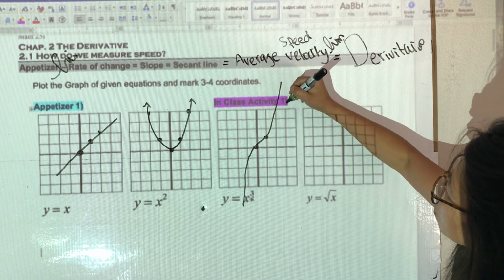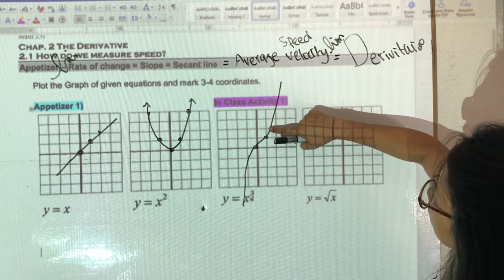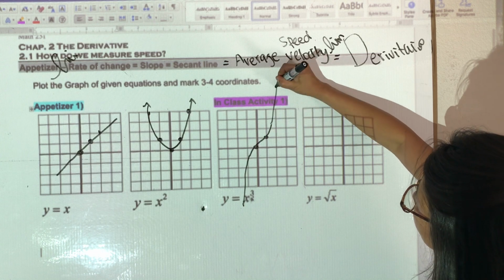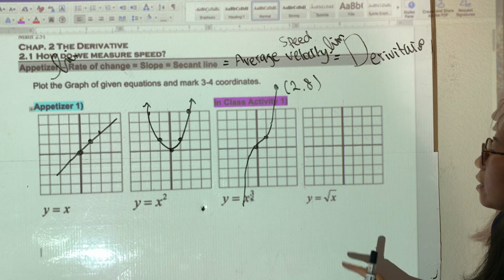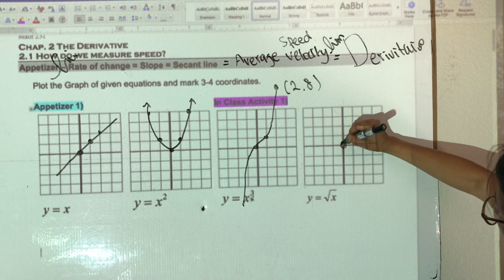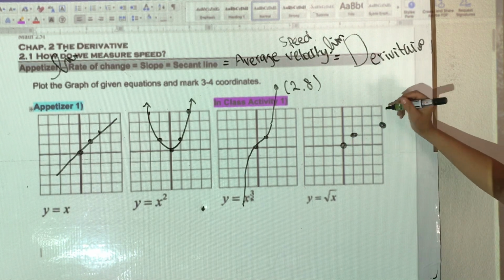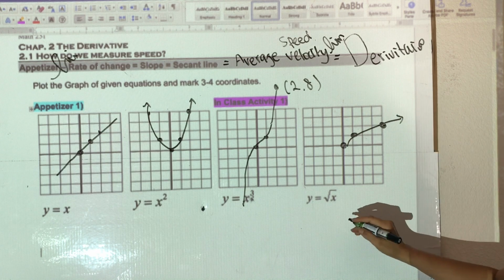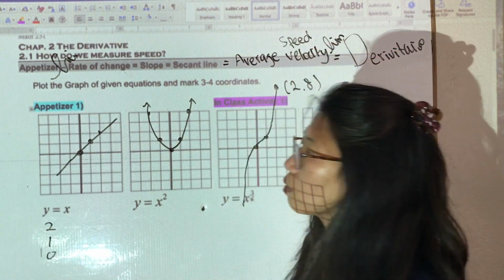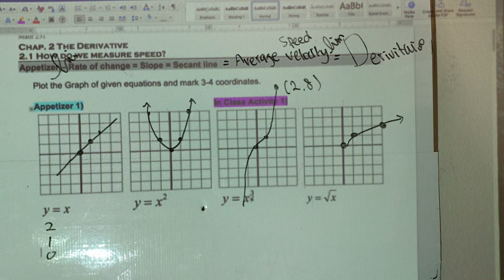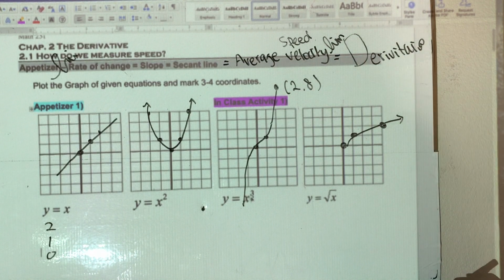Oh, it should be 2, 8, right? So let's just make it 2, 8. We're going to use that point, and then next one I'm going to use these points. Just basically what I did, I plug in 2, 1, 0. Okay, so that's what I did mentally. So I hope you got this one.